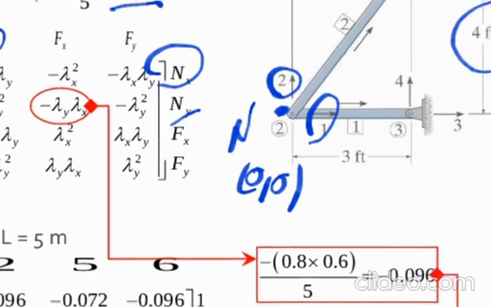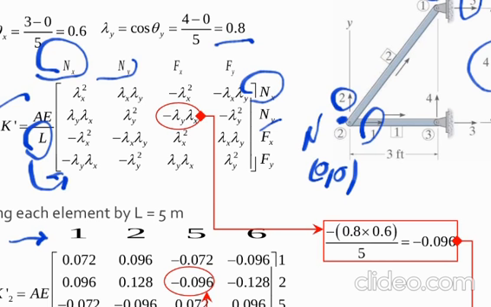So here nx means the near node in the x direction is number 1, and ny is number 2.